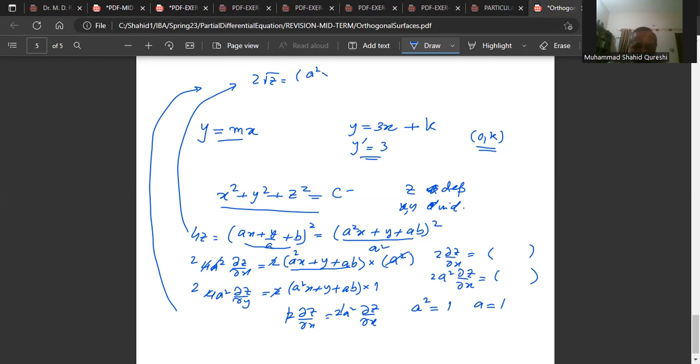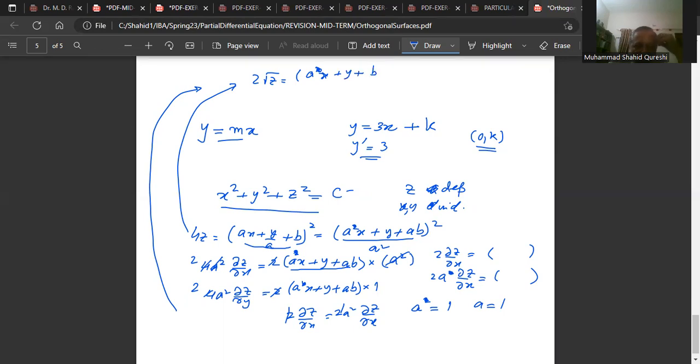A square. Oh yes, when I did this, where did a square come from? This a square is not there. This a square doesn't make any difference except for this part. Oh, this a square has come by mistake. So we had ax plus y plus b.